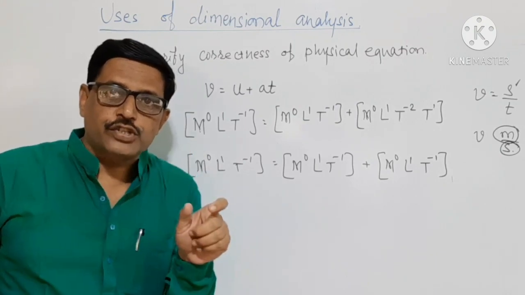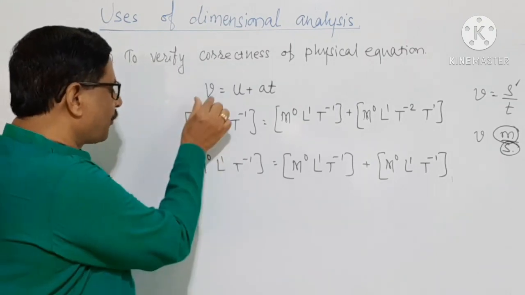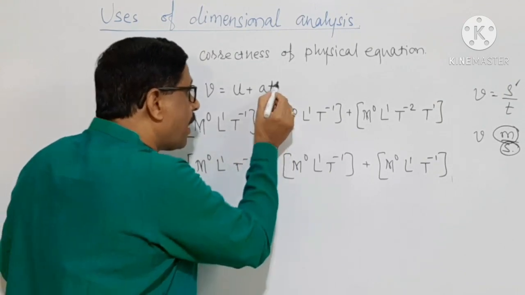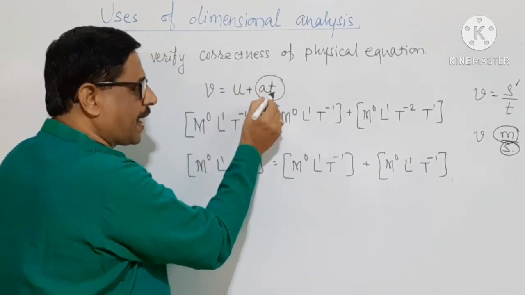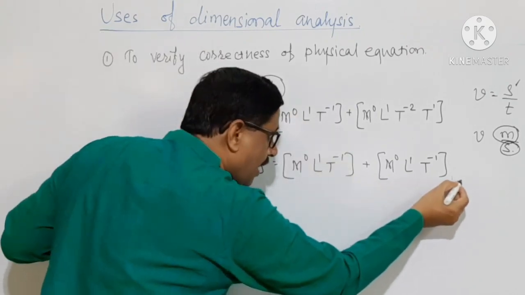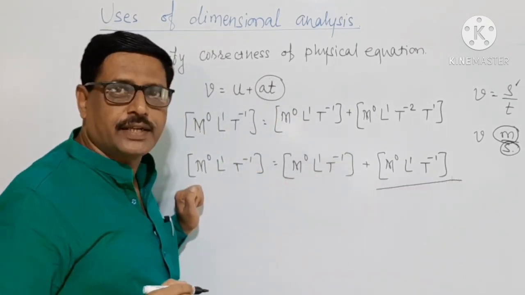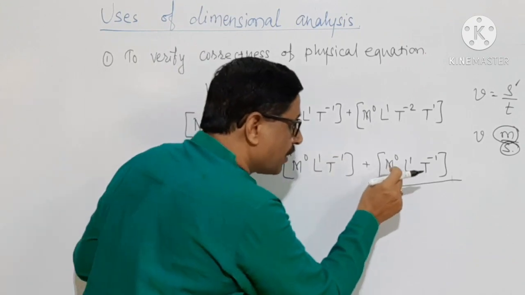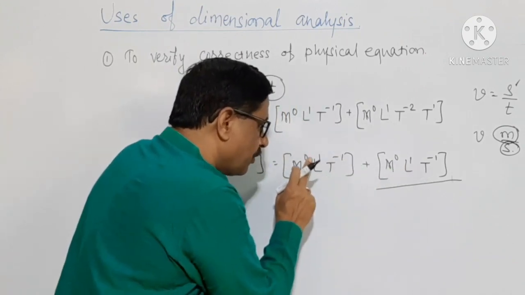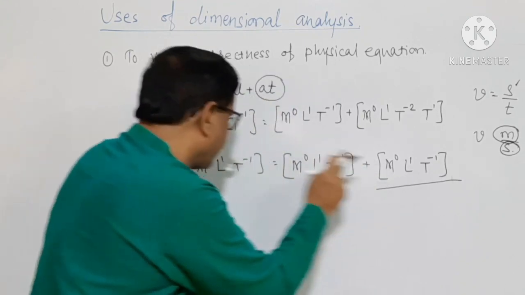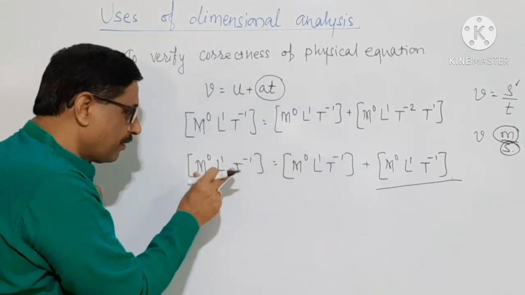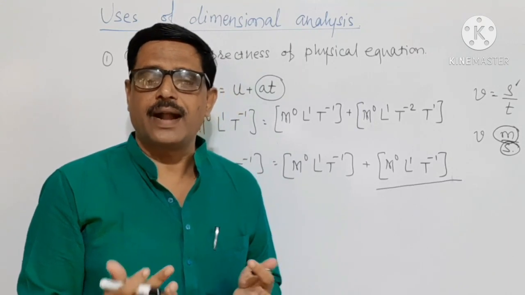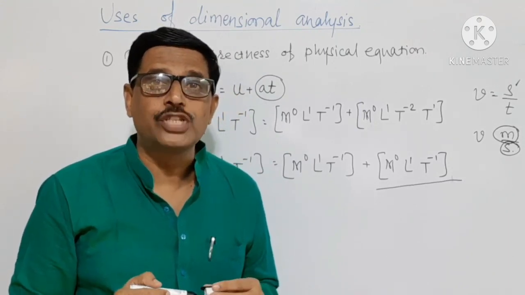Now, from this equation, what we are able to say is that on the left hand side there is a velocity, on the right hand side there is a velocity, and this term, though it appears to be a product of acceleration and time, its dimension will show that again it is a velocity. Therefore, velocity plus velocity will give a velocity, which is very natural, and hence the equation is said to be a homogeneous equation.